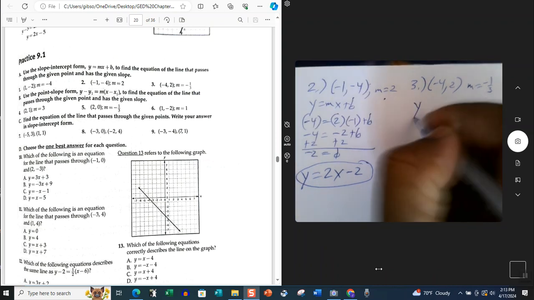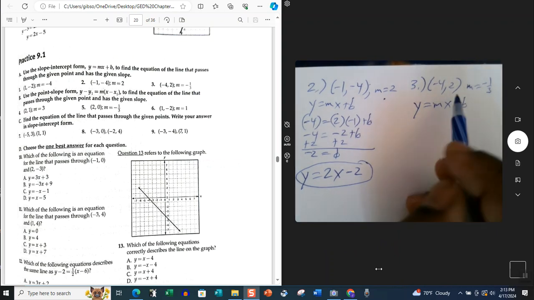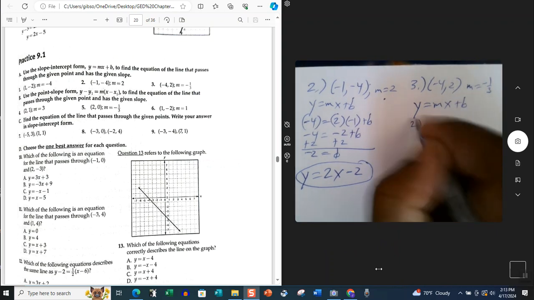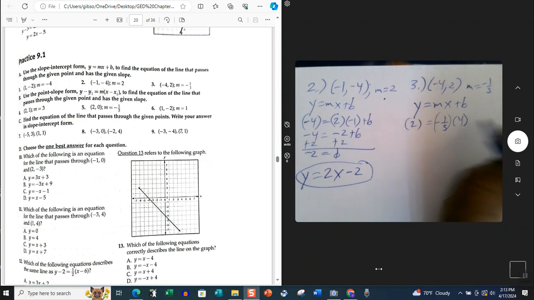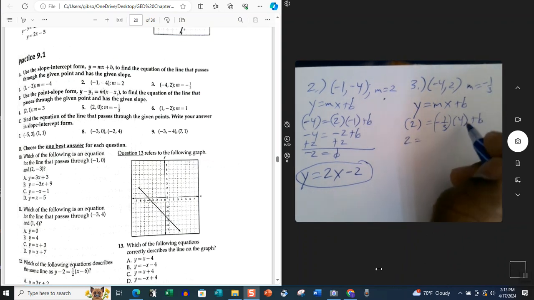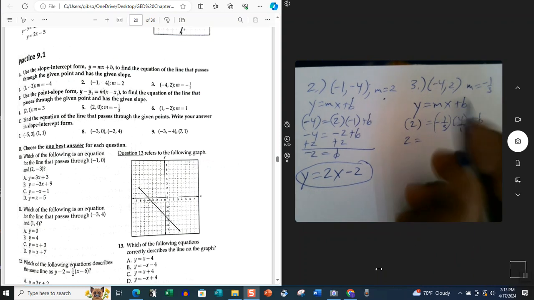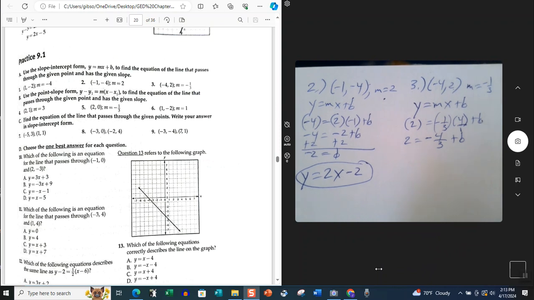So now we have the equation y equals mx plus b, and we substitute. 2 goes in for y. The slope is negative 1/3, and then x is negative 4, plus b. So we have 2 is equal to, now we could put this 1 under the 4, this will give us negative 4 over 3 plus b.